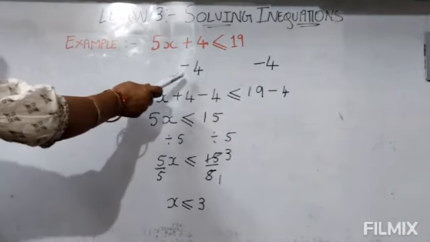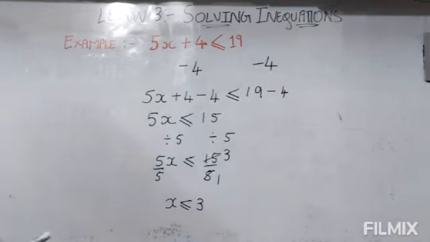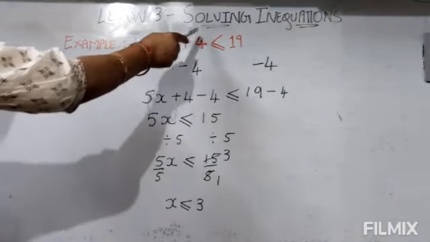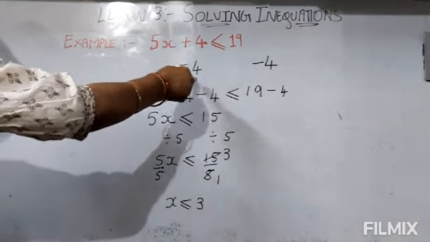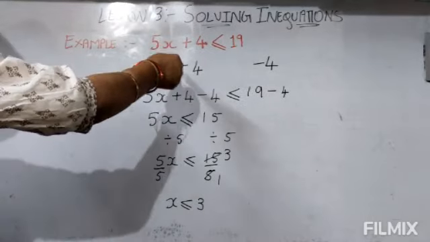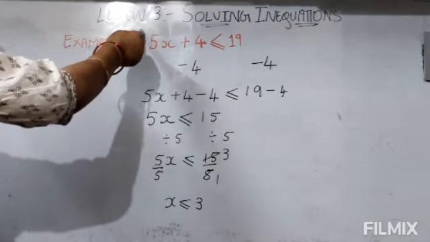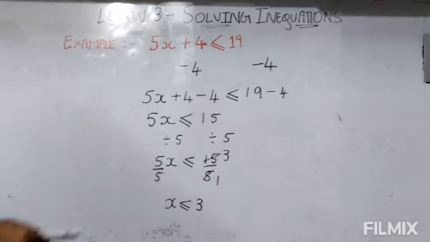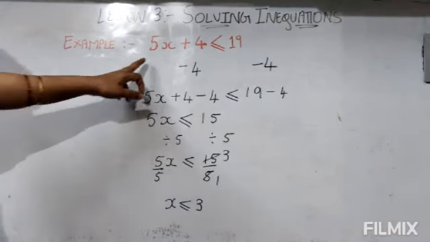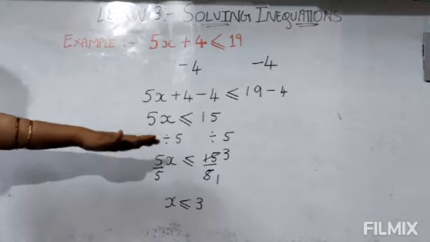You have to put minus 4 on both sides so that this gets cancelled. Then you will get only the variable on the left hand side. That is 5x will be on the left hand side, isn't it?